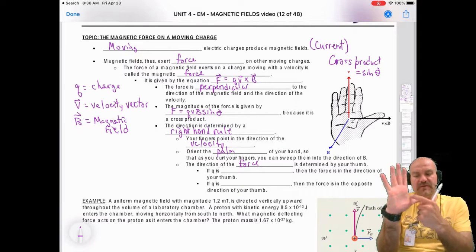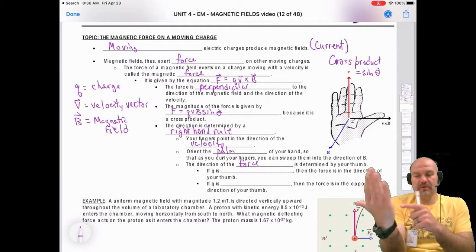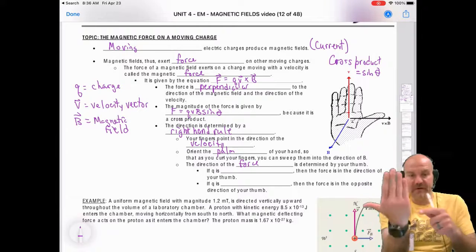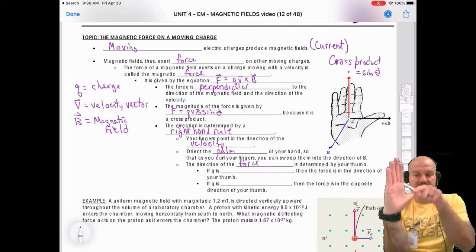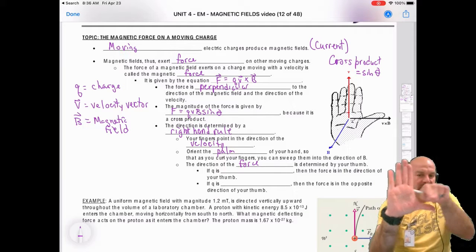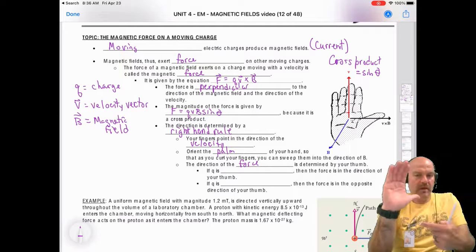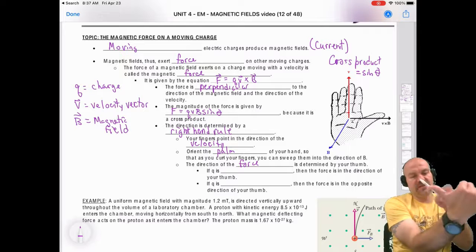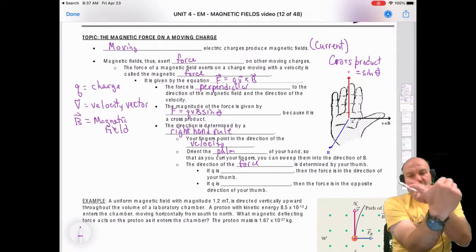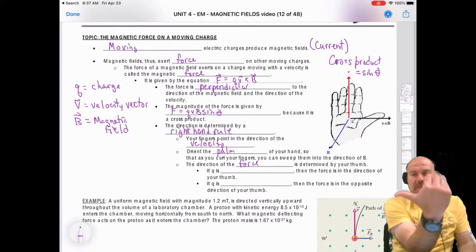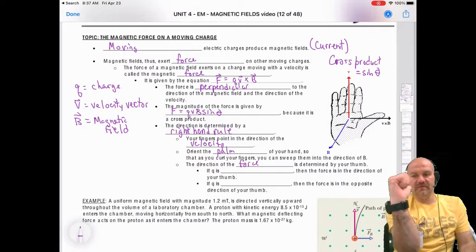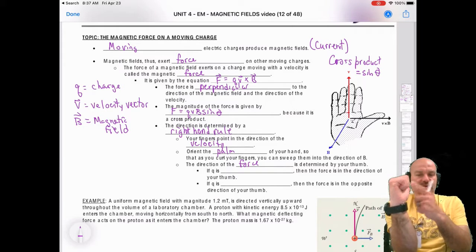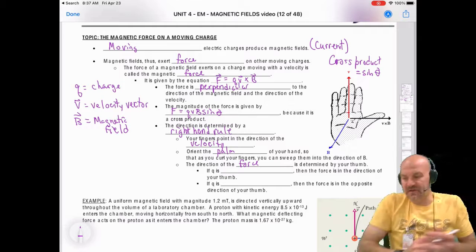For example, if my velocity is up, you can see in the picture, my B field points in the direction of my palm, and then I curl my fingers, and the direction of the force is determined by my thumb. It's like I'm crossing V into B, that's why I curl my fingers, and the direction my thumb points is the direction of the force.